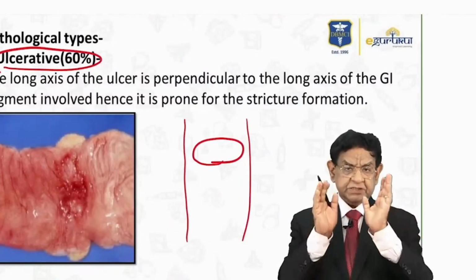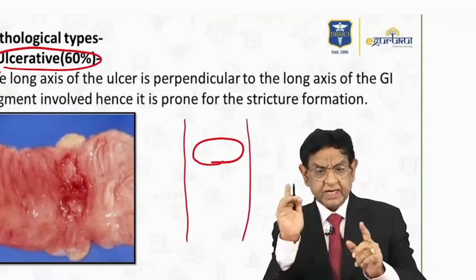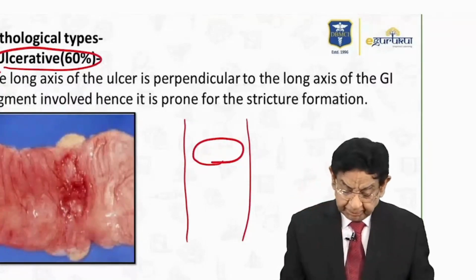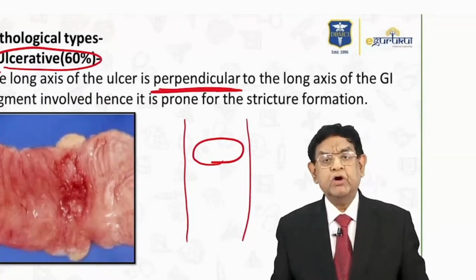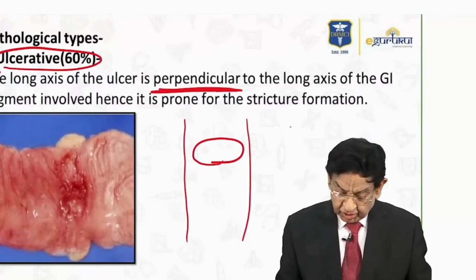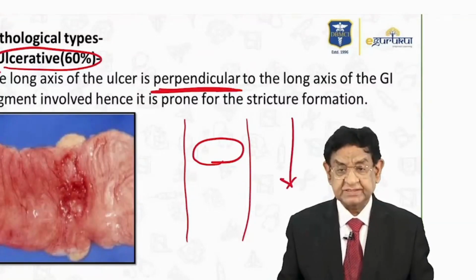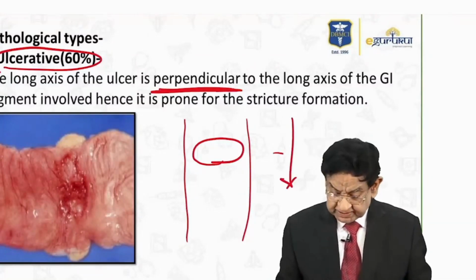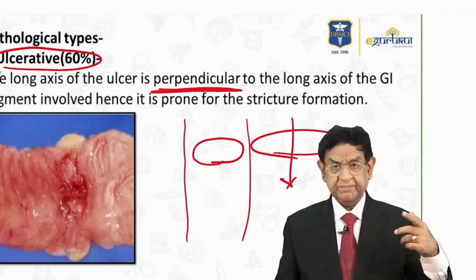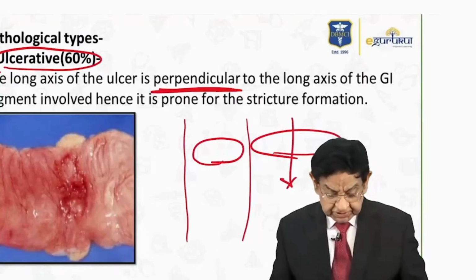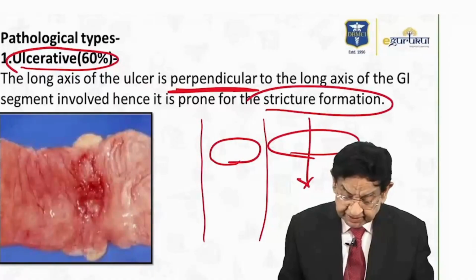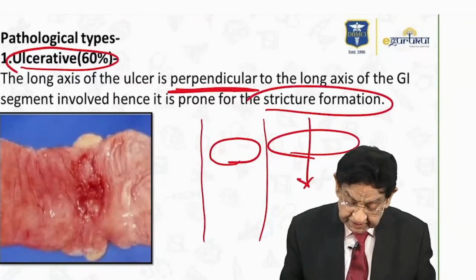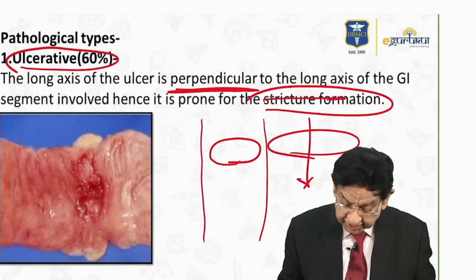It is circular, going around, so it is perpendicular to the long axis of the intestine. This is the long axis of the intestine, but the ulcer formed is perpendicular. Since it is circular, stricture formation is a feature. This is a very important question.